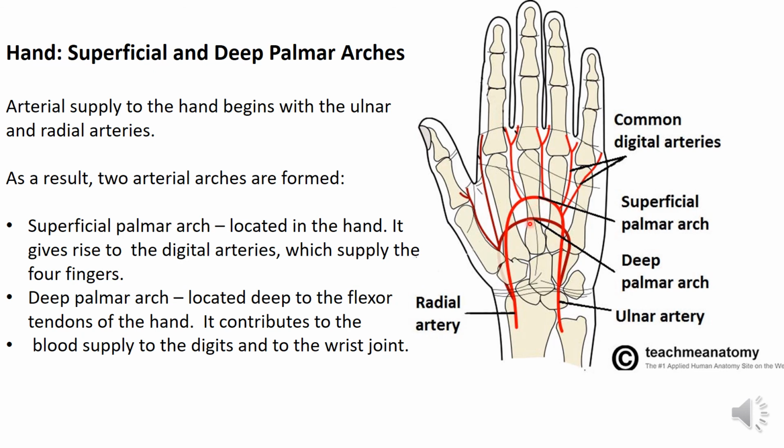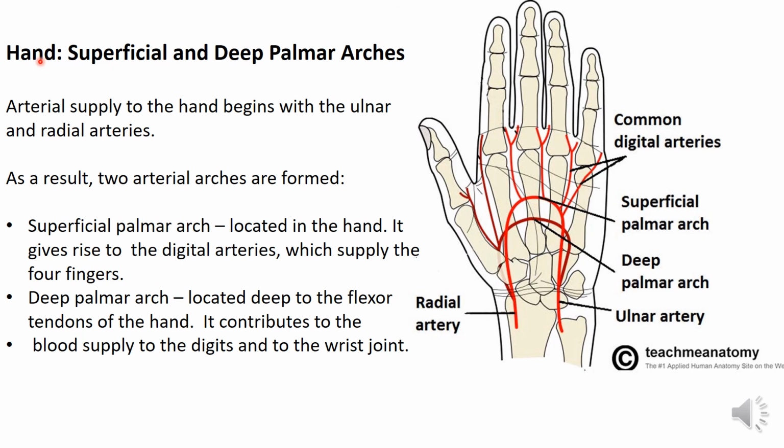Then the deep palmar arch is also formed by a branch of radial artery and a branch of ulnar artery. It supplies the wrist joint and the thumb. Superficial palmar arch supplies the 4 digits.